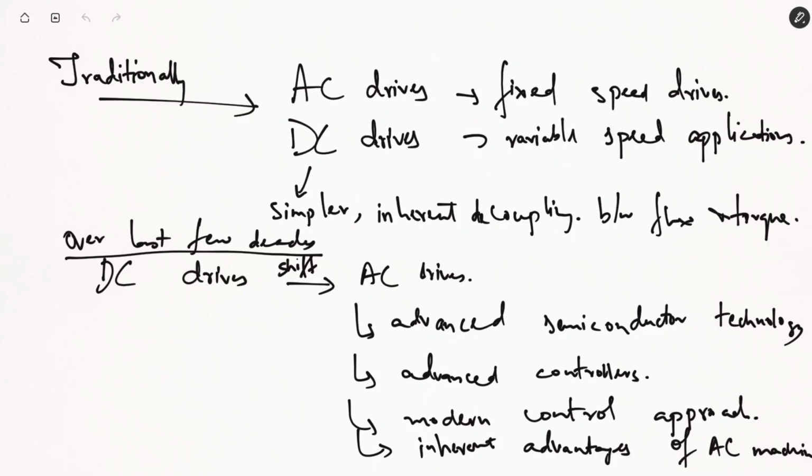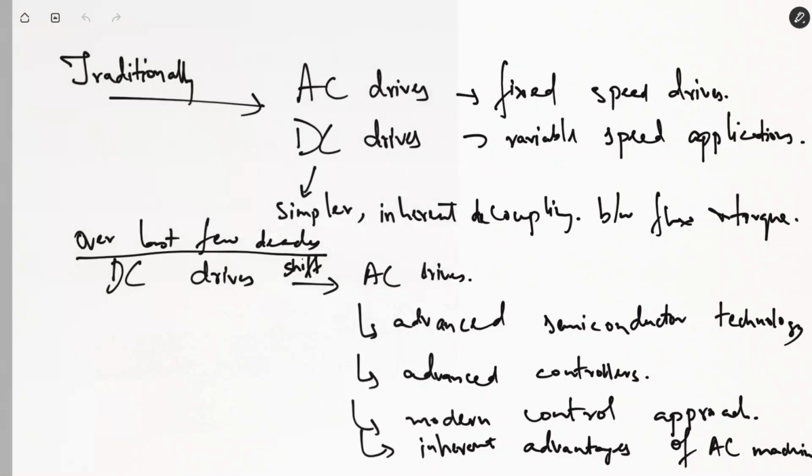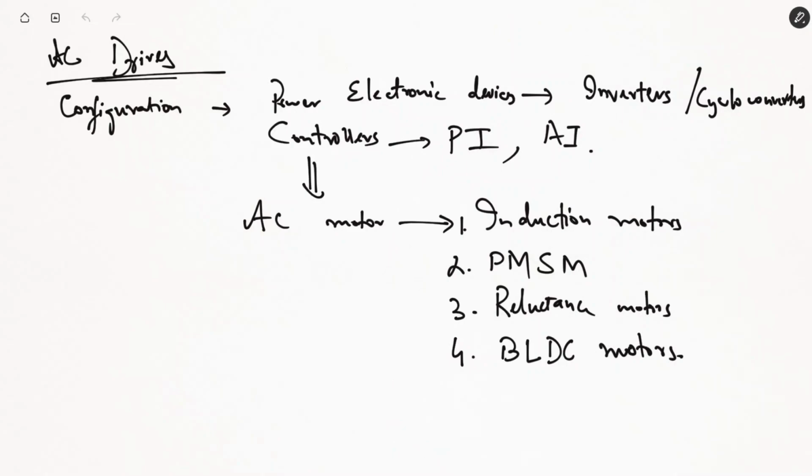So, just to summarize what we have studied so far today, we have an AC drive now. We are already done with the DC drives. In case of AC drives, we are now controlling the speed of any AC motor, be it an induction motor, a PMSM, a reluctance motor, or a BLDC motor. And the power electronic devices that will now be used in case of AC drives will be inverters and cycloconverters.